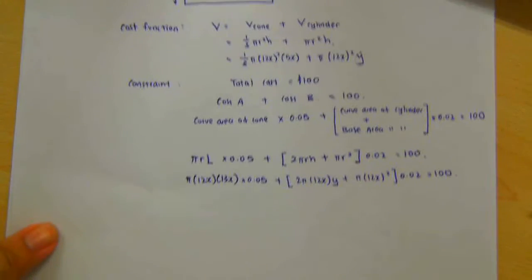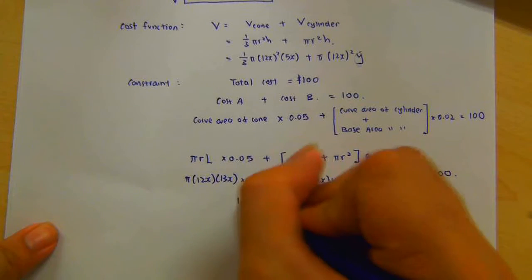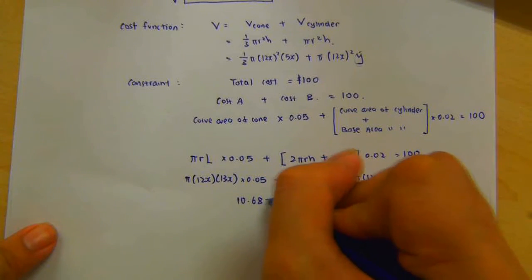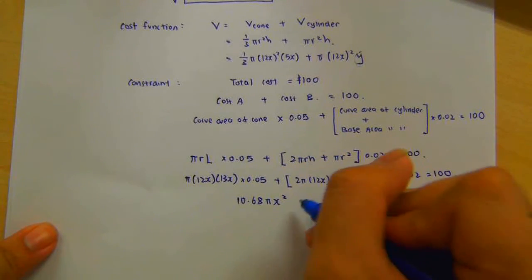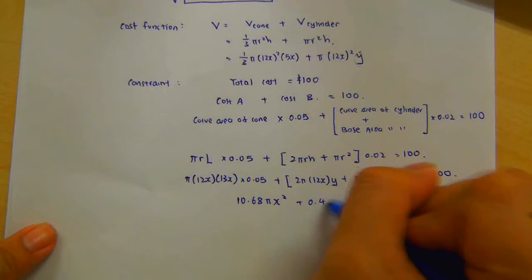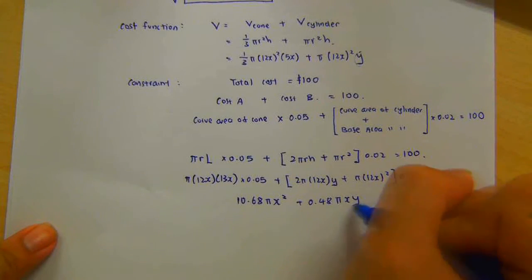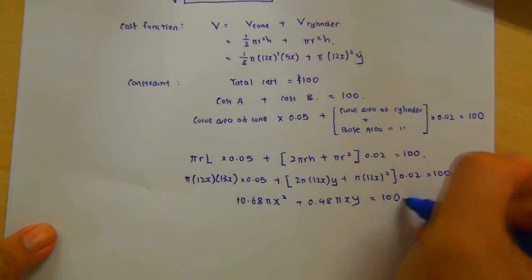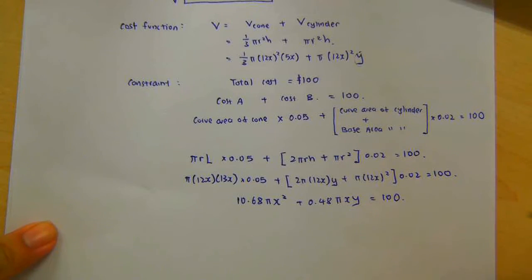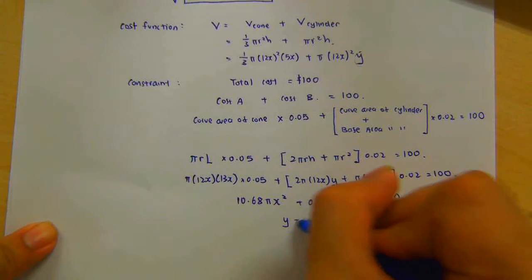So our objective here is to make y the subject so that we can substitute this into the cost function to remove the y. So we simplify this, and then we will make y the subject.